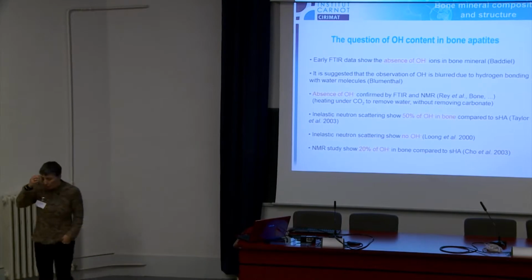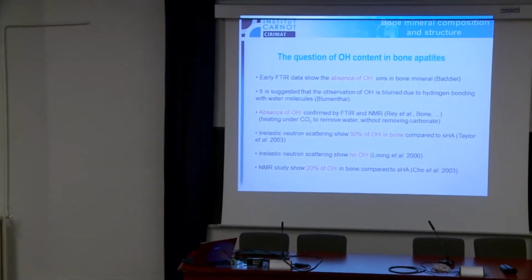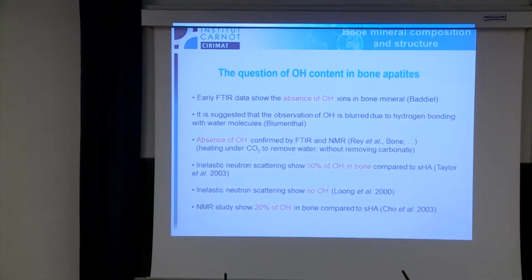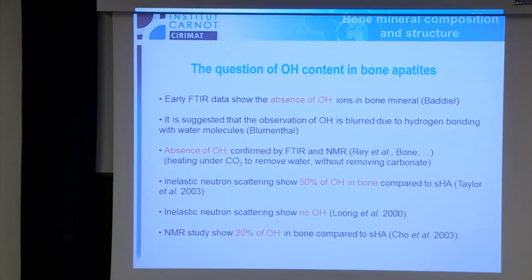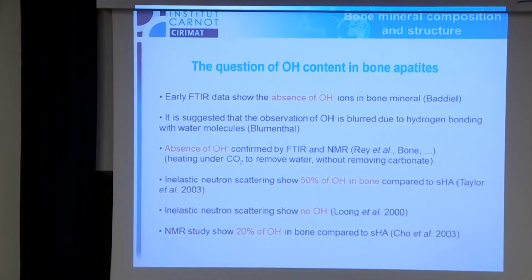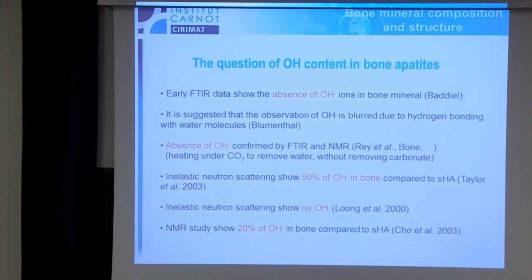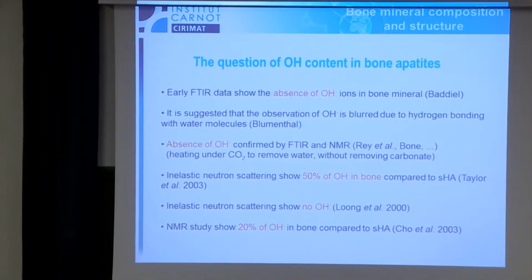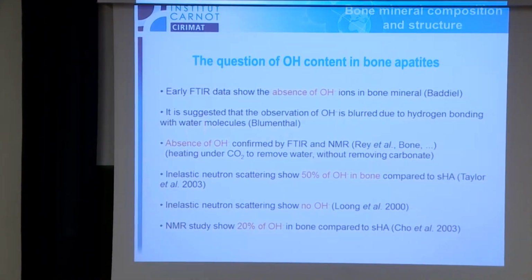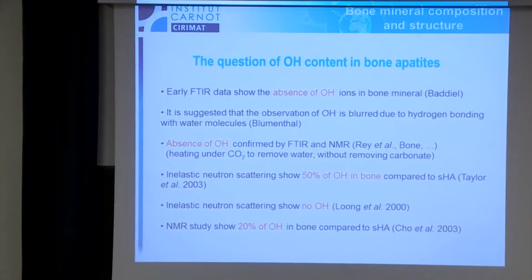So now I will focus on the question of the hydroxide content in bone apatite. There have been many studies over a long time, and only some of them are reported here.